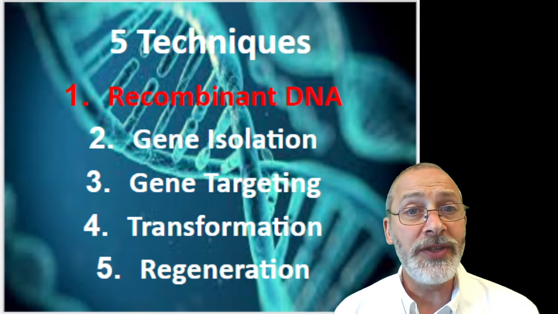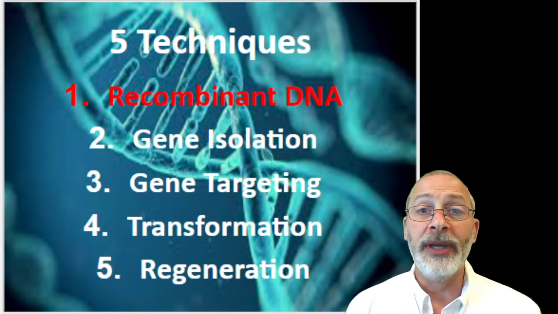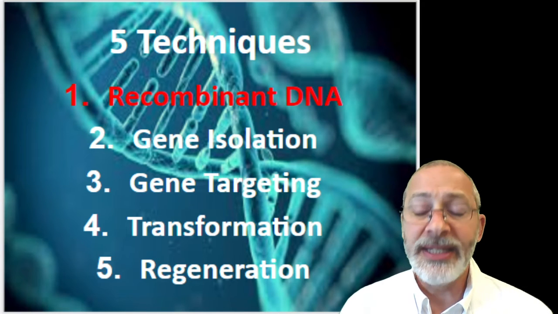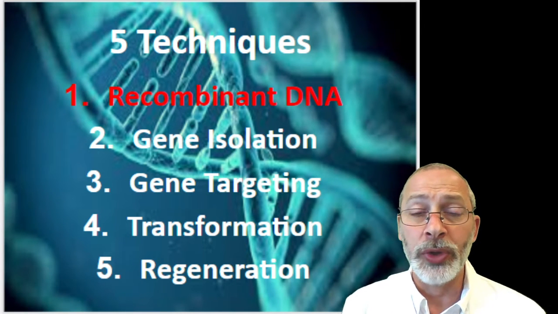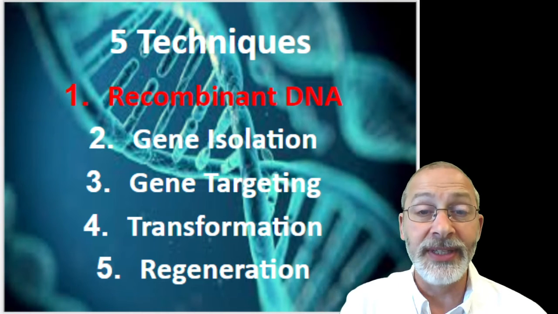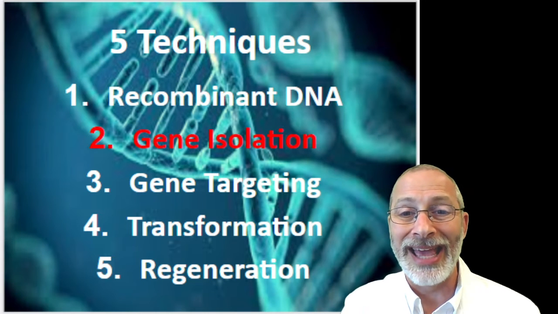So what are these 5 techniques, broadly speaking? Well, they begin with number 1. It's called recombinant DNA. And we'll talk more about each of these as we go through the lesson today and tomorrow. So, number 1 is recombinant DNA.